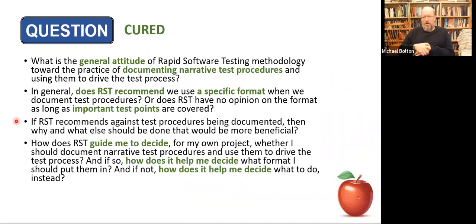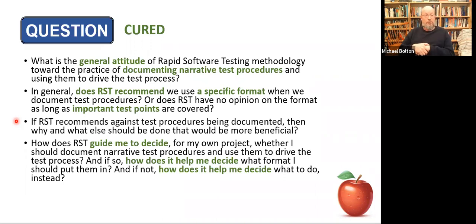So it occurs to me this question has two forks. One is, if RST recommends against test procedures being documented, one way of answering that question is to consider, well, what would you document instead? But another is, if Rapid Software Testing recommends against test procedures being documented, then what else could be done that might be more beneficial?